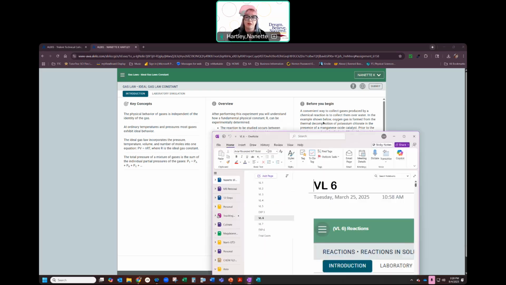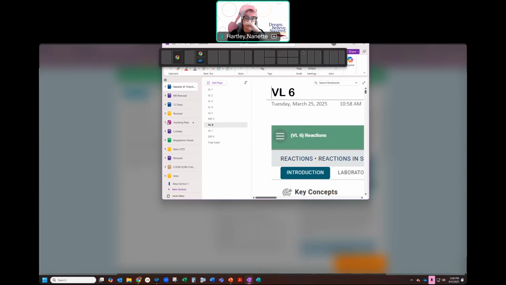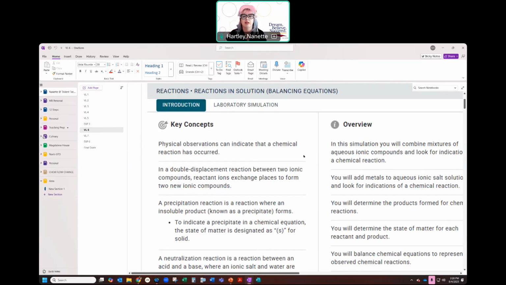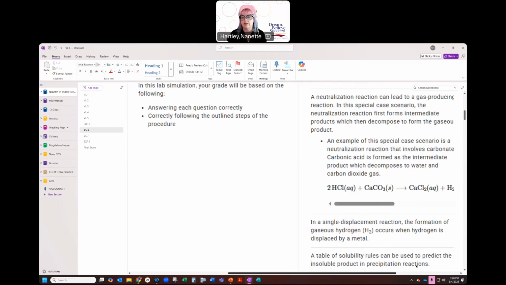I make myself a set of notes with screenshots and things that I printed from the labs. So this is the introduction, all of the information from there that I have screenshotted.